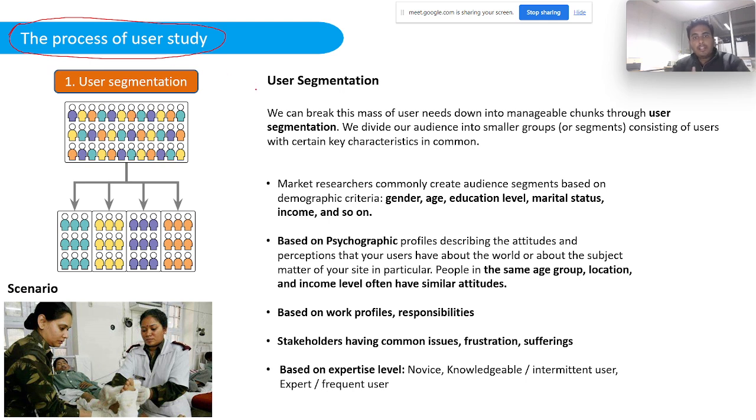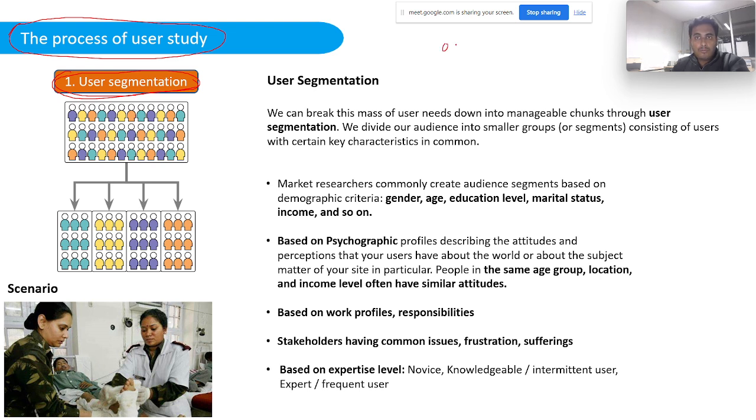The very first thing a designer needs to do in a user study procedure is user segmentation. What you do in user segmentation is basically categorize users based on certain rules.